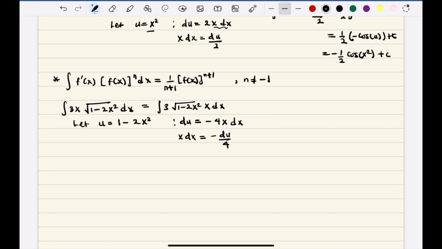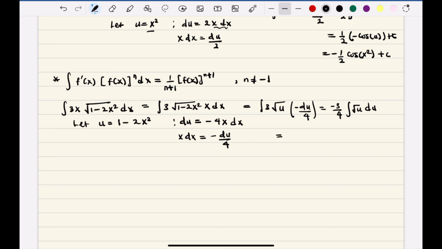If I substitute everything here, I'm going to have the integral of 3 square root of u, because this is u. Then my x dx is this expression, negative du divided by 4. I can factorize it out because it's a constant, so I'm going to have negative 3 divided by 4, the integral of square root of u du.